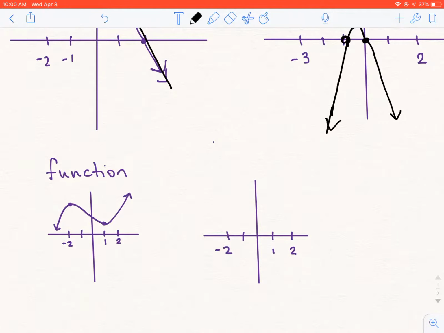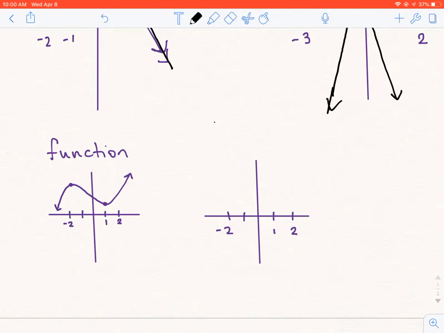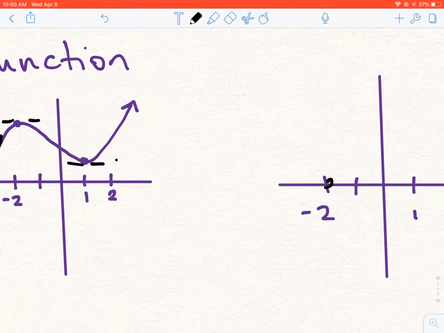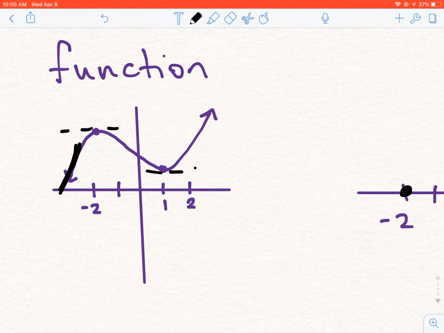All right, and the last one is still a cubic, and so I have to get a quadratic, but notice this time this side starts positive. Let's start with the zeros: 0 at negative 2 and 0 at 1. Now I look back over here again.